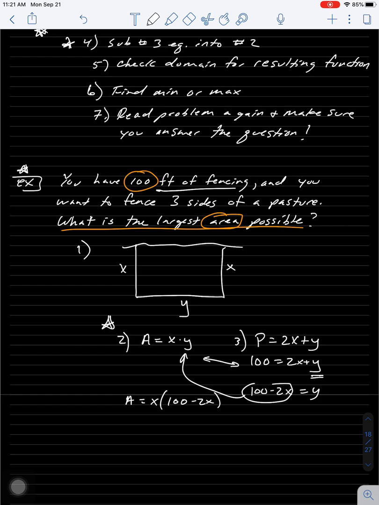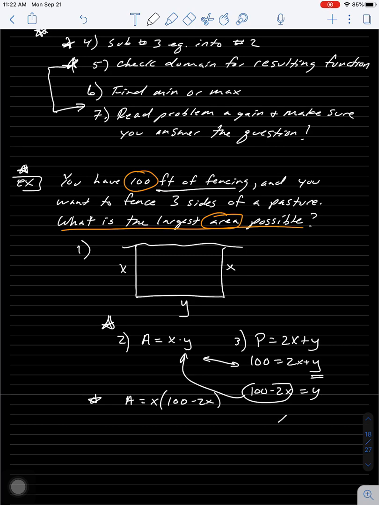And then you take a look at the domain. You can do this as step 5, or you can put it after the next one. It doesn't really matter. In general, we just want to know what x can run from, and we're interested in x because that's what we're in terms of.